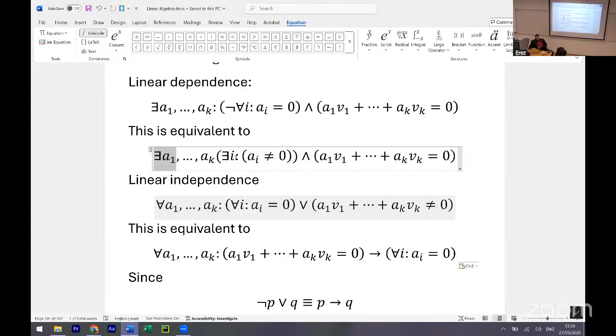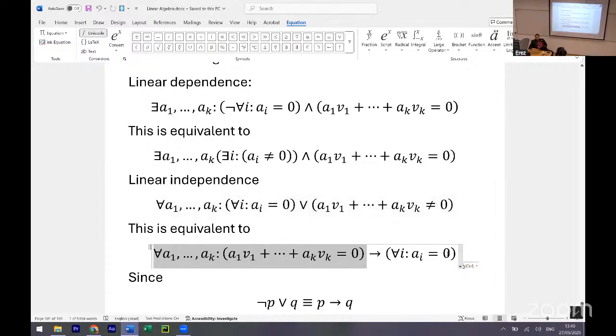But yes, it's a lot about how you phrase it. You can phrase things equivalently, and sometimes it's easier to understand in one way rather than the other. But it doesn't change the fact that they are equivalent, right?